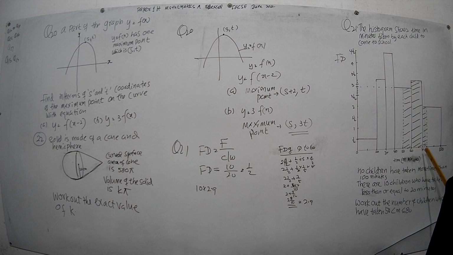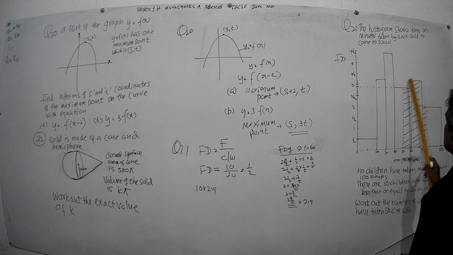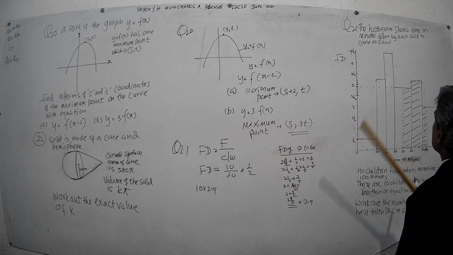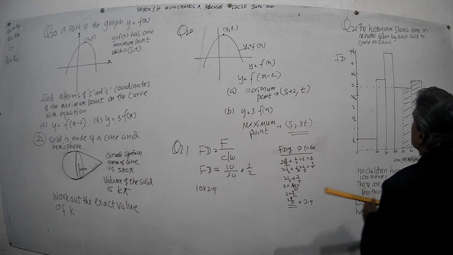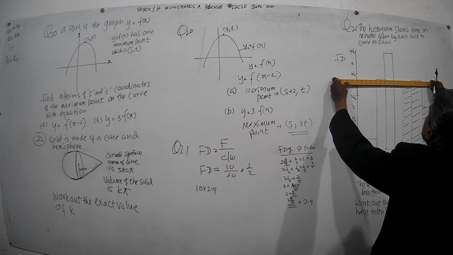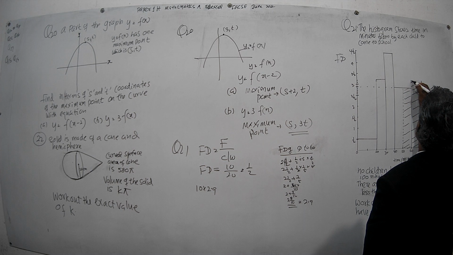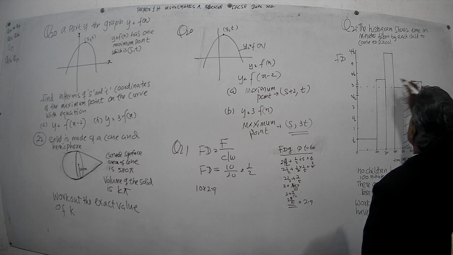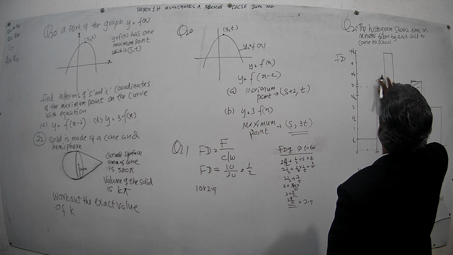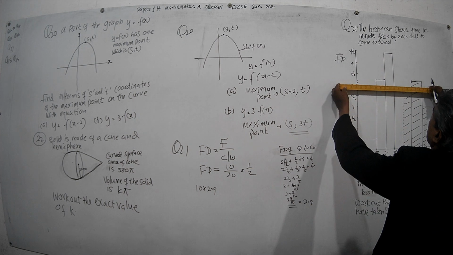This 60 to 75, this height is how much? We have to take the height from this one, that is this level. That is 2, sorry. Right, that is this one.